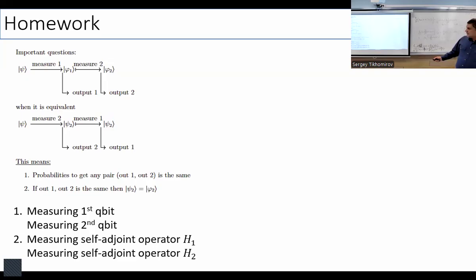The second is measurement with respect to self-adjoint operators H1 and H2. This is a question which I have left open up to now. I don't tell the answer: under which assumptions can you swap the measurements? Here I give a hint: there are cases when you can, and there are cases when you cannot.